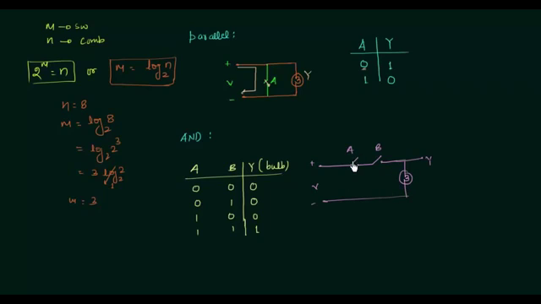When A is open, B is closed, then also no current will flow. And when A is closed, B is open, then also no current will flow through the bulb. And finally, when both of them are closed, then only there will be a current through the bulb and it will glow. So this is a simple circuit for the AND operation.